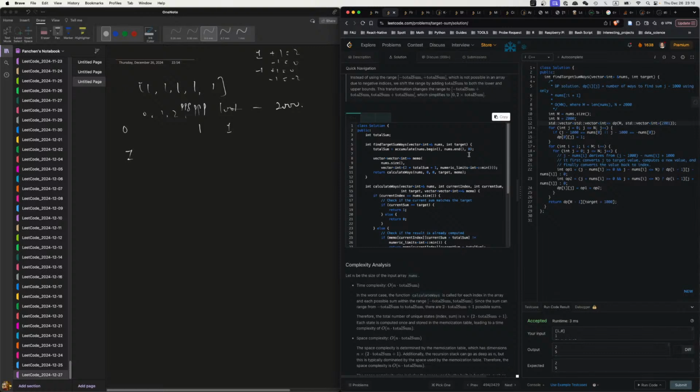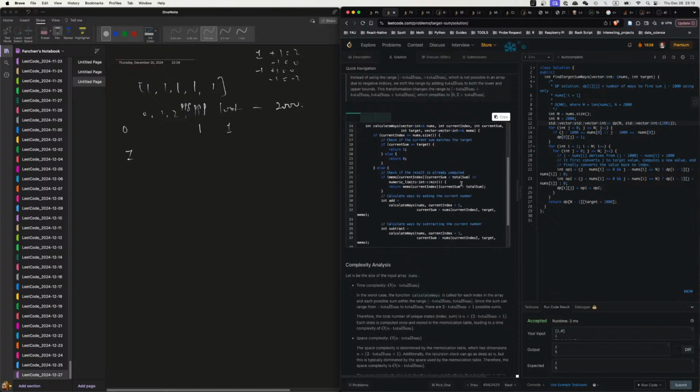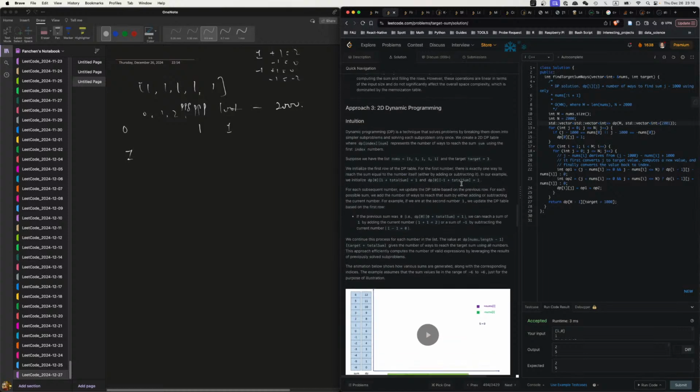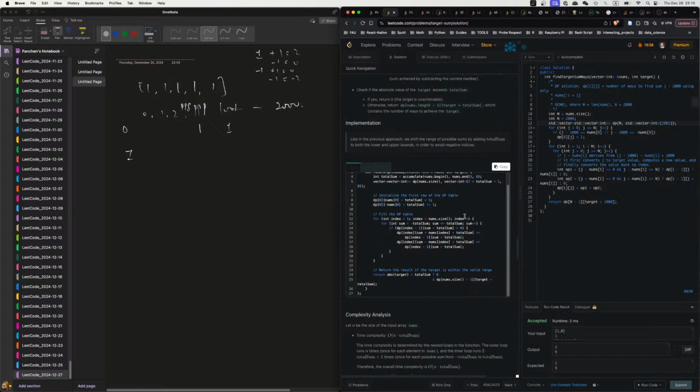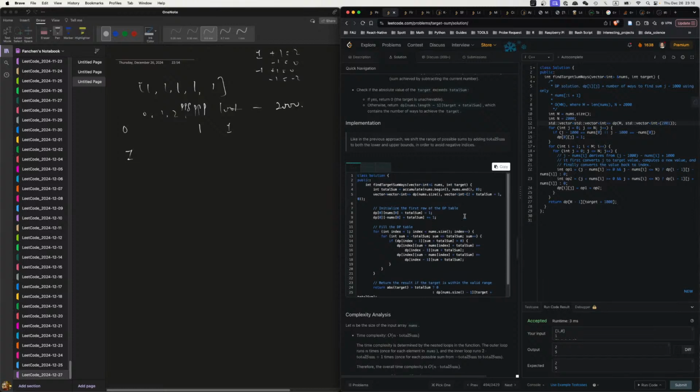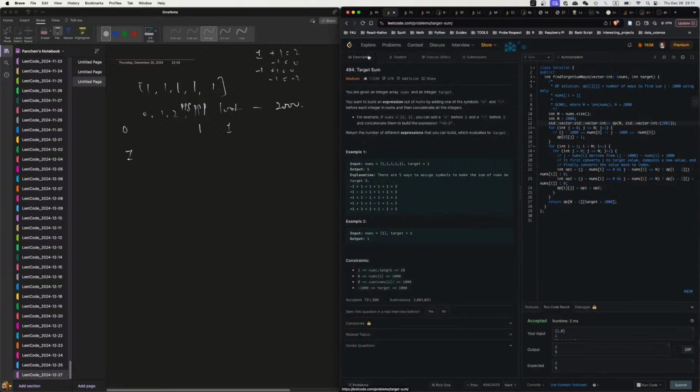Oh, we use accumulate to get a total sum. Okay. Maybe it should be total sum.